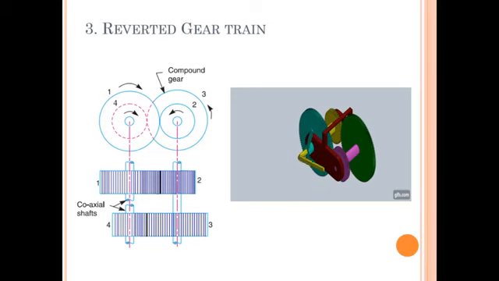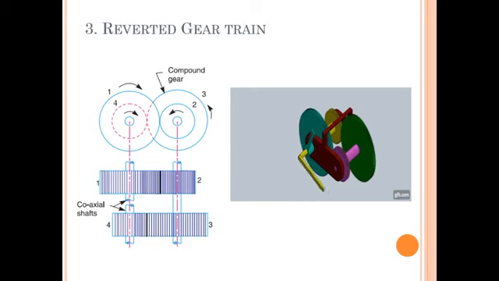Now the reverted gear train, you can observe in this diagram: the first gear is in mesh with the second gear. The second gear and third gear are mounted on the same shaft. The third gear is in mesh with the fourth.